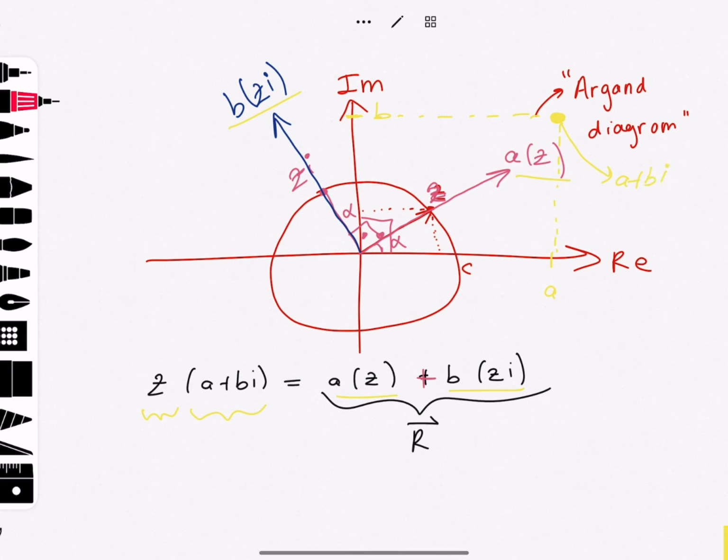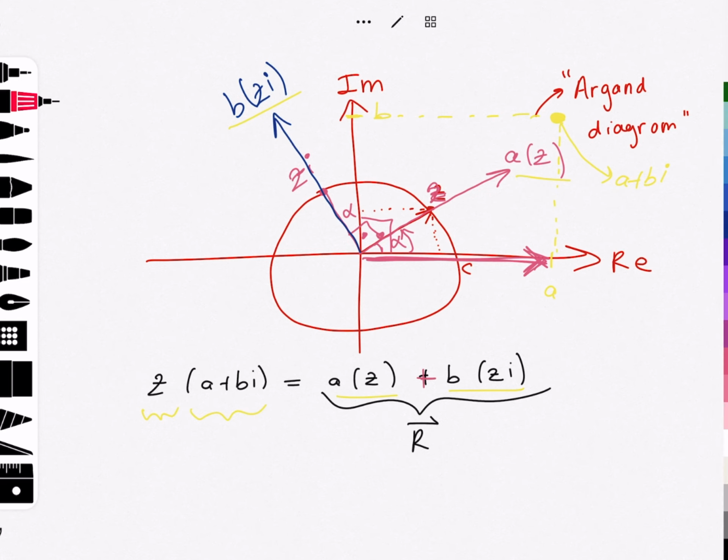Adding a times z and b times zi will give the resultant vector r. a times z is alpha degrees rotated from the vector a here. Let's draw the vector a in the same color as a times z. This is the vector a. You can see that a times z is alpha degrees rotated.